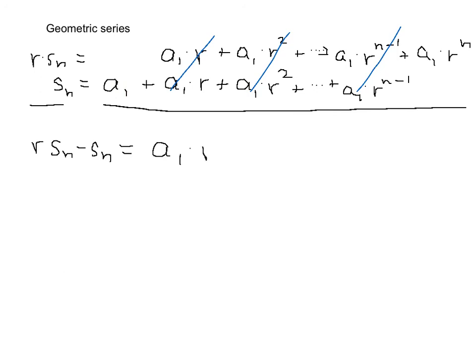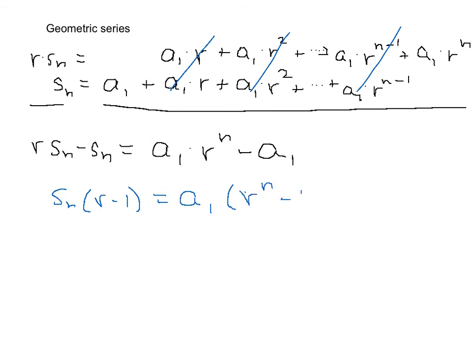So I get a sub 1 times r to the n minus a sub 1. So remember, what I'm looking for is a formula for s sub n. So I look on the left and I factor s sub n out, and I get r minus 1. Over here I'll factor a sub 1 out, and I'll get r.